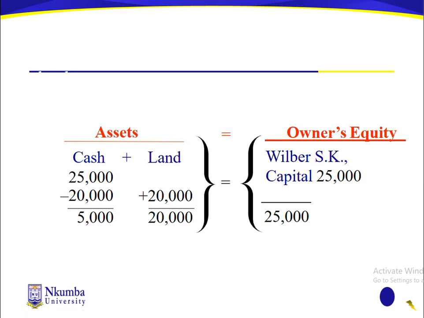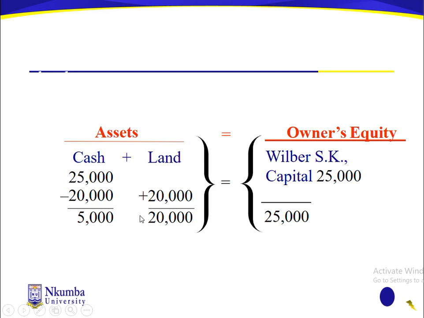This land is still with you, you have not sold it. If you sell part of it, then you're going to credit the land account, and if you take that money to cash at hand, you debit cash at hand. If you take that money to the bank, you credit the land account and debit the bank. That transaction means a sale of land.